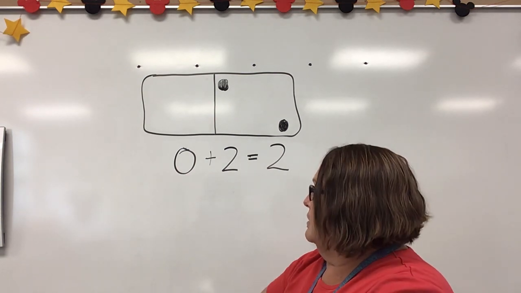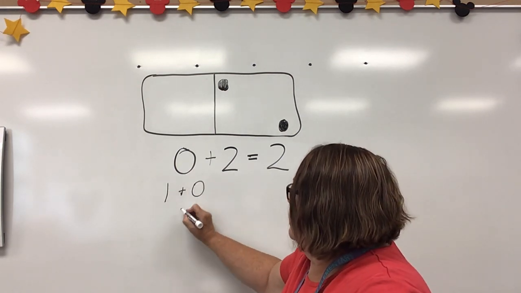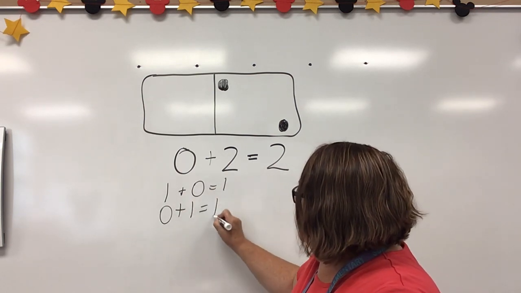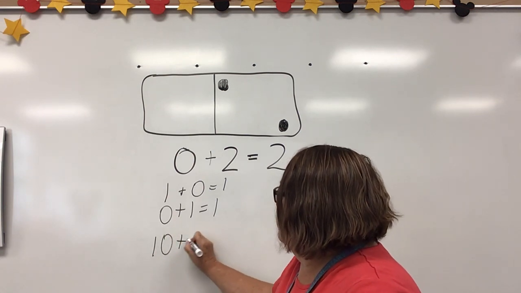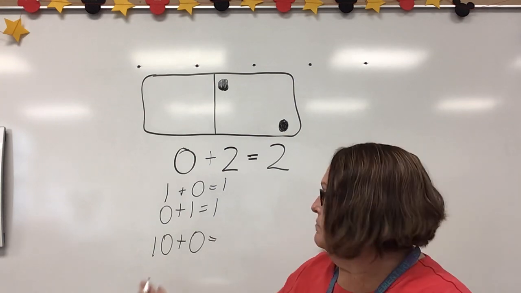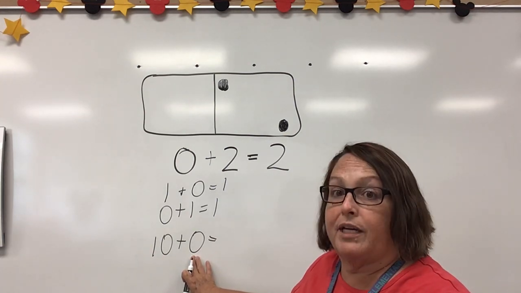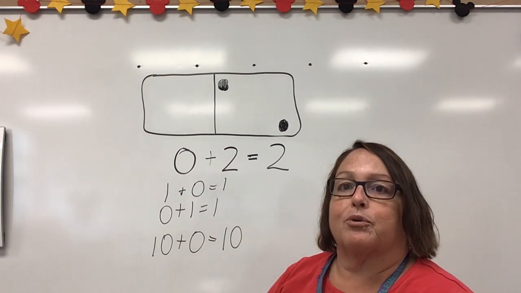That works with 1 plus 0 or 0 plus 1. Those are still 1. What if I have 10 plus 0? What's my answer going to be? I have 10 in one part, and I'm not adding any more to it. I still have 10.